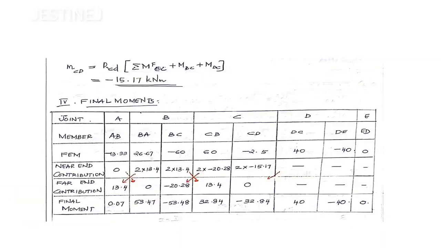For that, please arrange the joints: A, B, C, D and E are there, and then the members AB, BA, BC, and the members connected to each joint, CB, CD, likewise for all the joints.